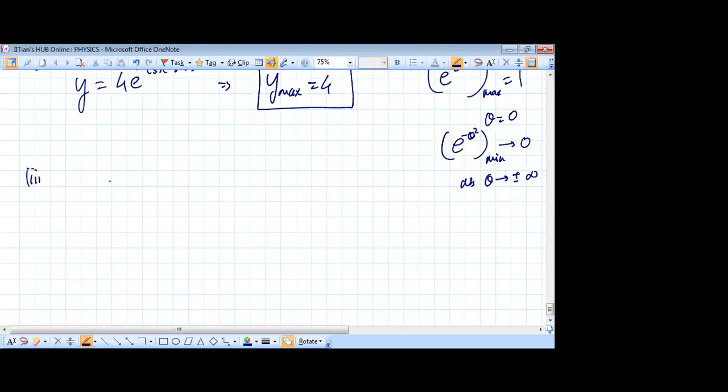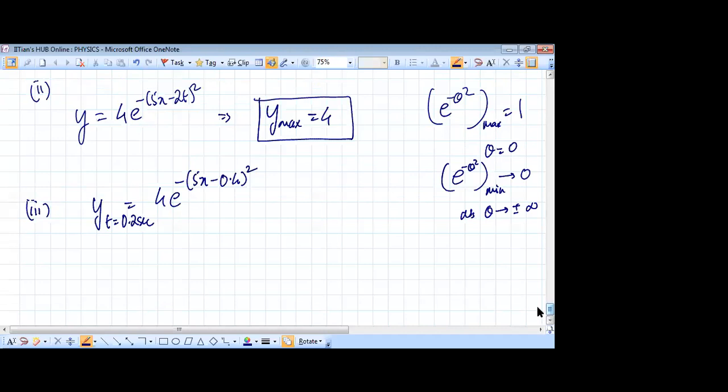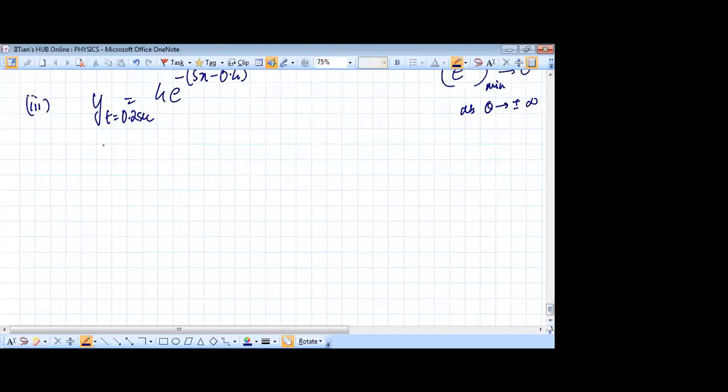So now you can see that at t equal to 0.2 seconds, y is becoming 4 e raised power minus of 5x minus 0.4 whole square. Whereas, for example, if you compare this with y at t equal to 0, that is 4 into e raised power minus 5x whole square.